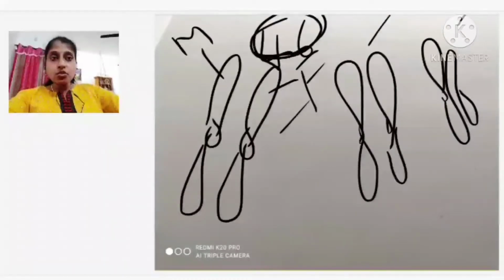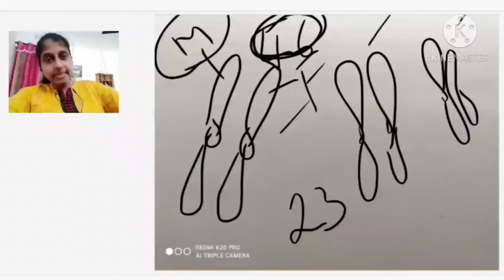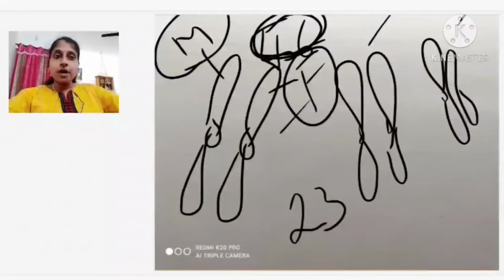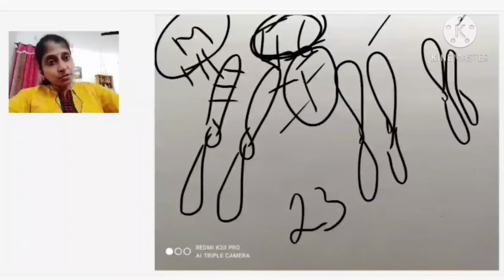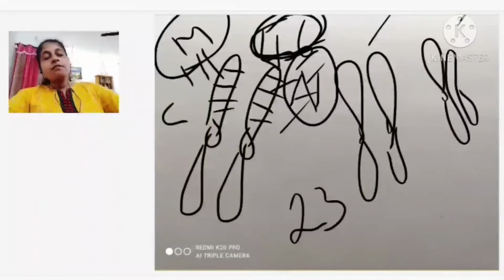These 46 chromosomes remain in 23 pairs, and in all these pairs, one set of the chromosomes I get from the maternal side, that is mother, and another set I get from the paternal side, that is father. These two combine together, so mother is giving me a gene which is coding for my height, and a gene which is coding for my color; father is also giving me a gene coding for my height, and for color.